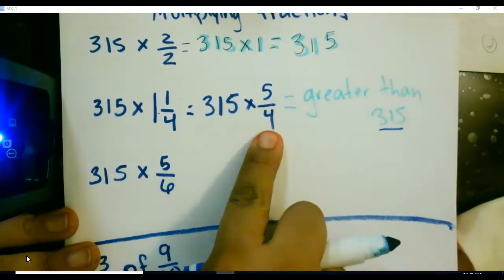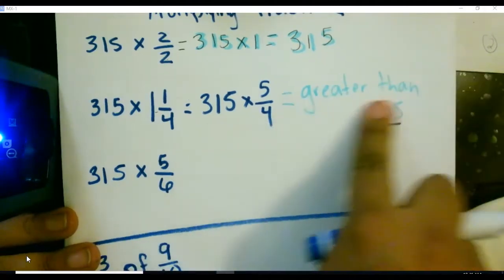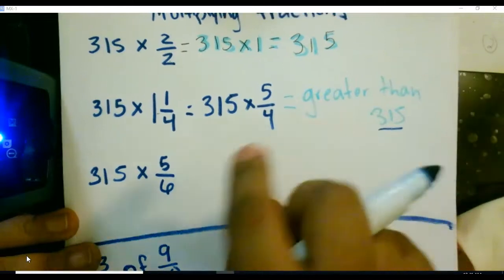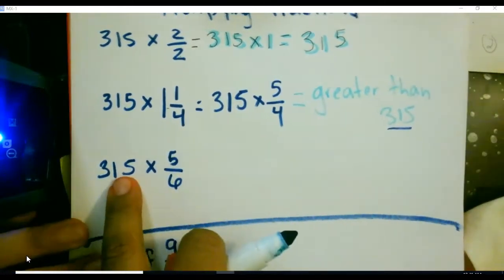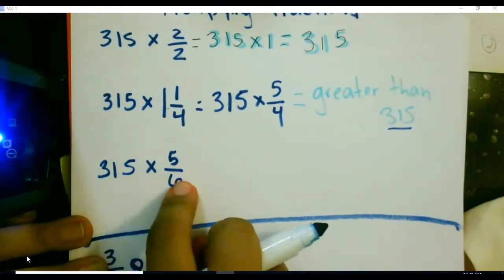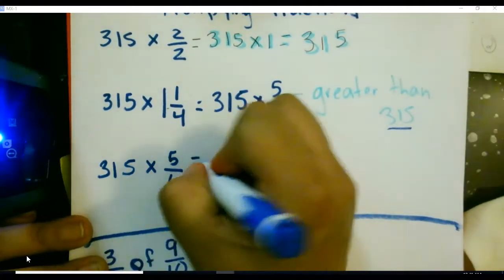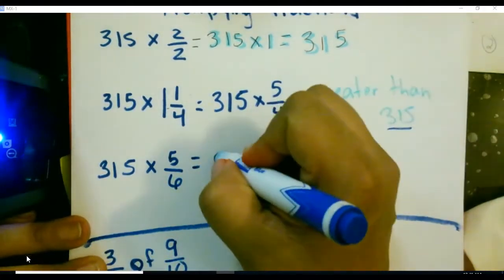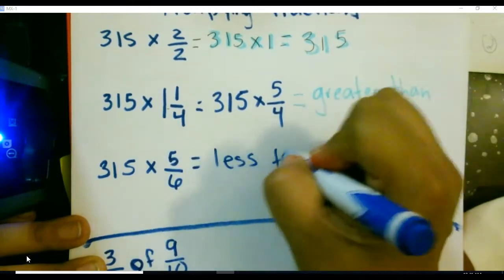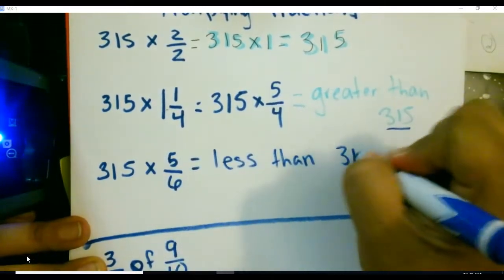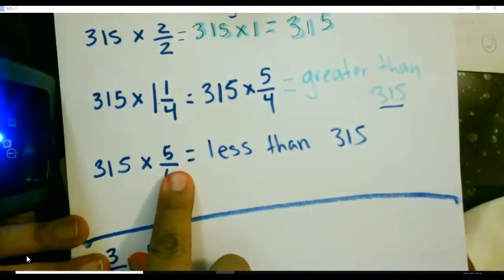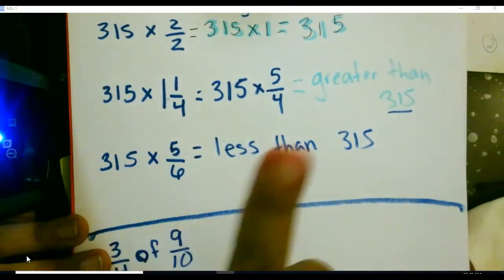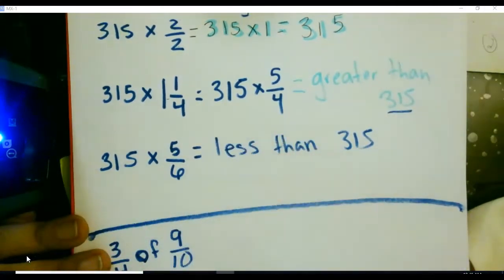And then in another problem, they'll want you to put it in order from least to greatest. So in this case, this will be the greatest number, because if you multiply it by a fraction that is less than 1, then you know that your answer will be less than 315. Why? Because you're multiplying by less than 1. So your number is going to go down.